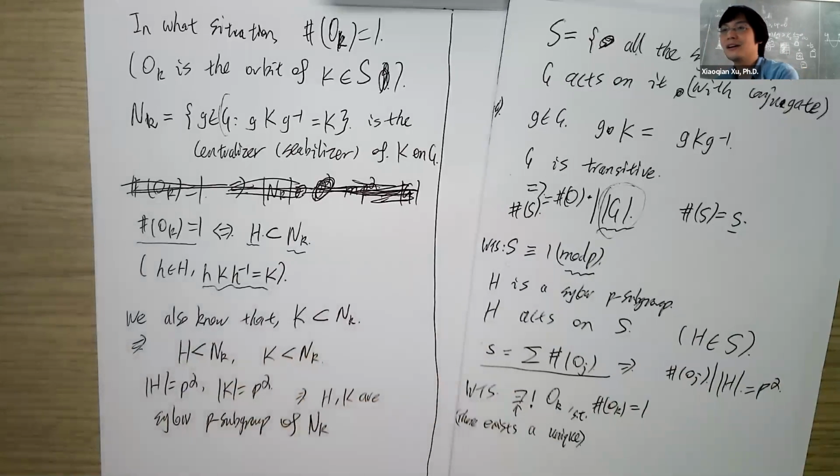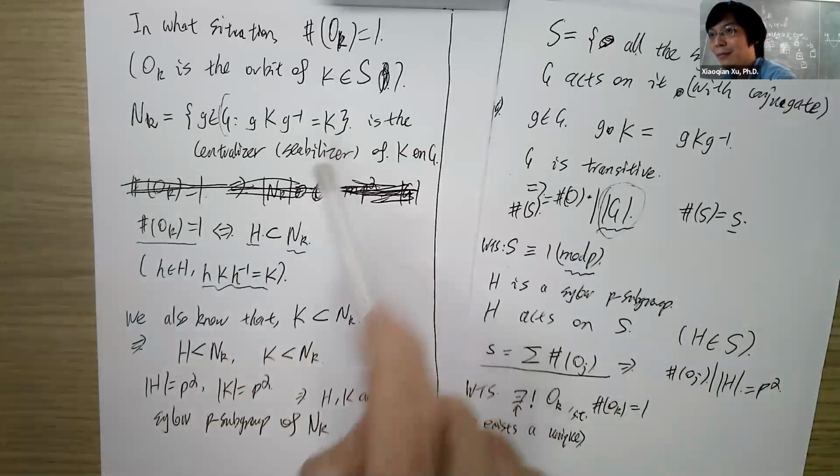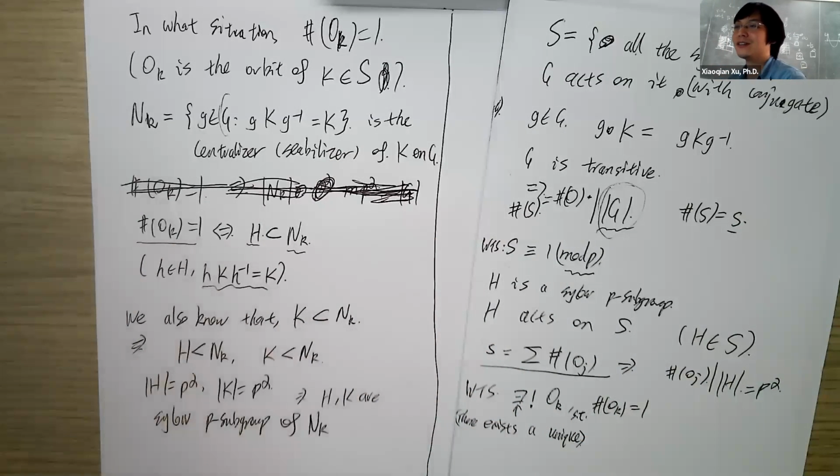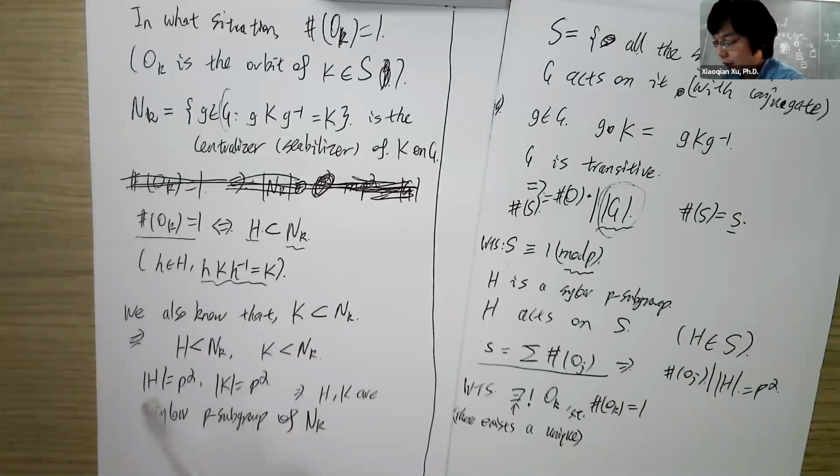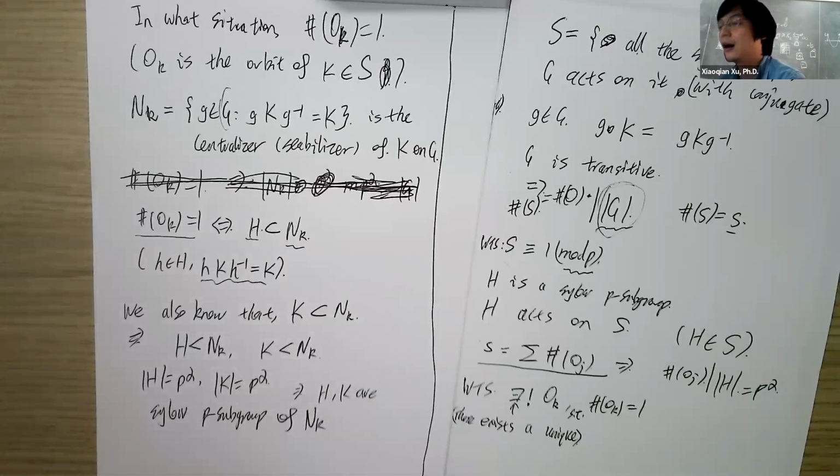Because Nk, whatever it is, is a subgroup of G, then of course the order of Nk must be a factor of the order of G. Since you have these two guys of order P to the alpha, of course these two guys are Sylow P subgroups of Nk. Okay, that clear?